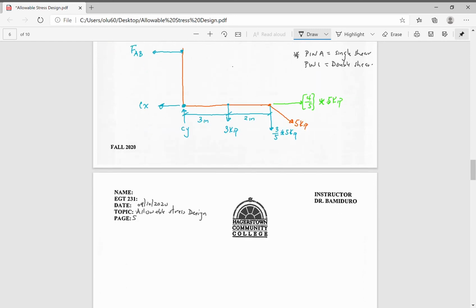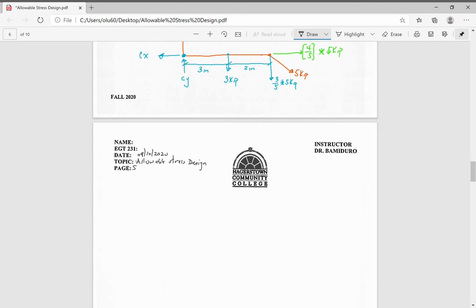So now we can take it a step further, and for our step 2, we want to be able to find the forces acting on pin A and pin C. And we can do that by using our equilibrium equations.